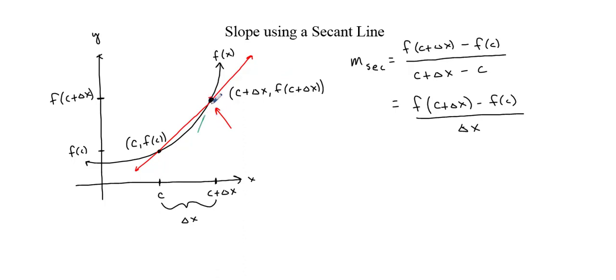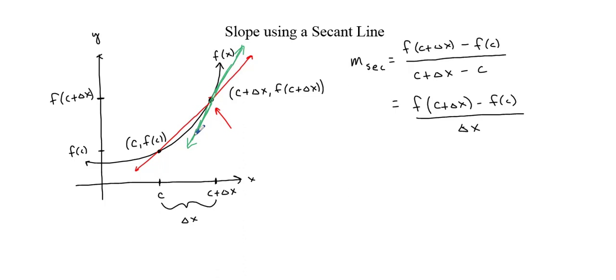Let's say I want the slope of the tangent line right there. What do you guys think? Is this red line, the secant line, a pretty good approximation for the slope of the green line? I think we could do better, right?